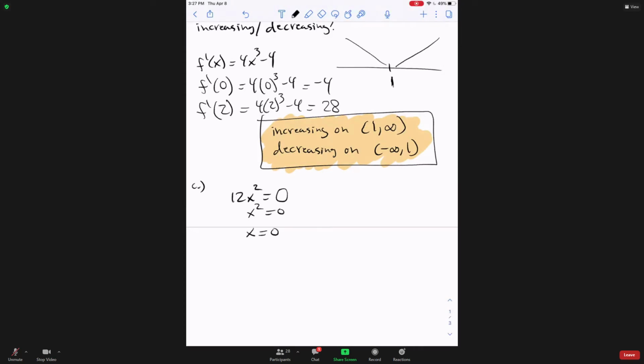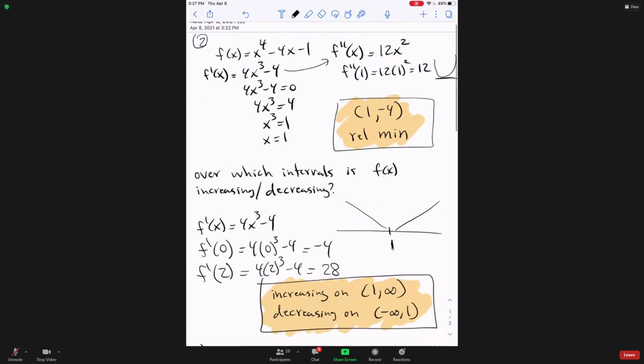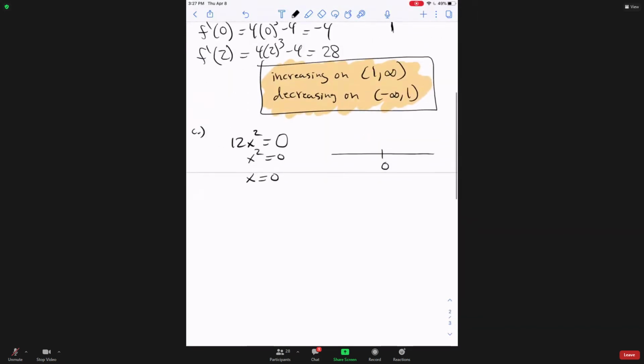Now, at x equals 0, we have a possible point of inflection. So what's the y value at 0? Well, plugging in 0 into the original function, you get -1. So the possible point of inflection could be (0, -1).